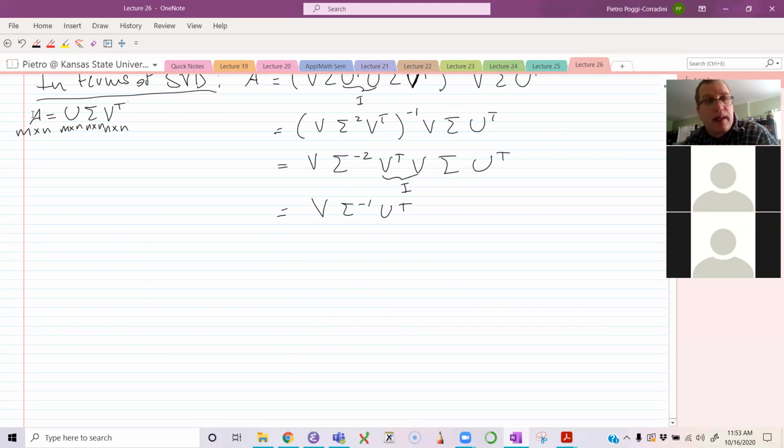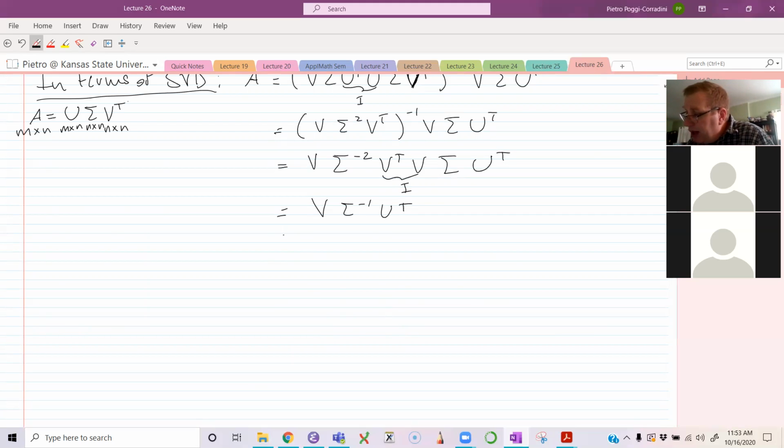A is the following: change your coordinate bases in Rn, do a diagonal multiplication, and then change your coordinates in Rm, roughly speaking. Well, A plus is doing the opposite: changing things in Rm, doing a multiplication, and then changing coordinates in Rn. So it's going back from Rm to Rn, which makes sense.